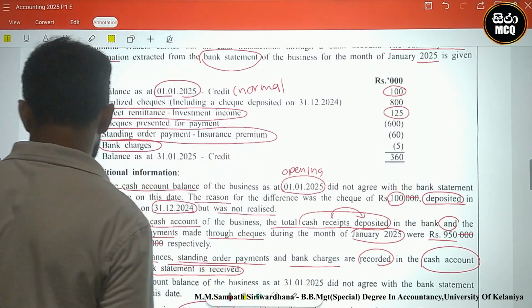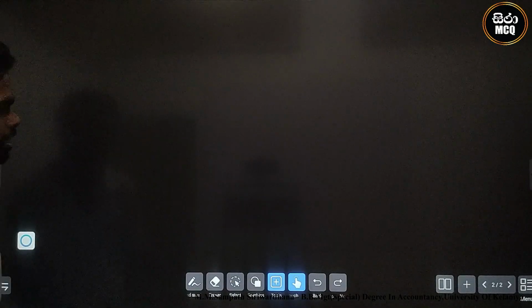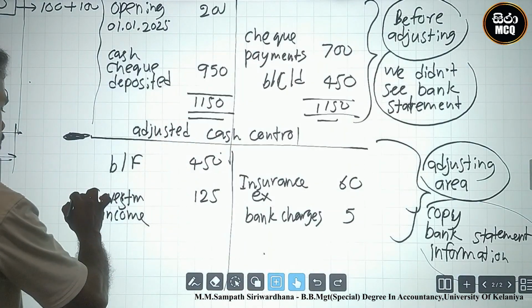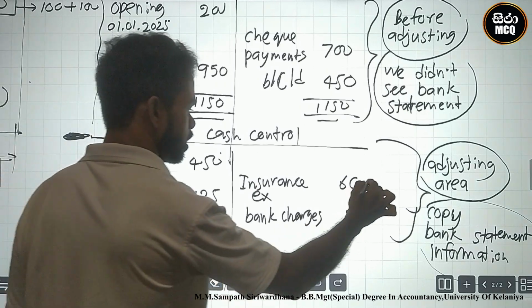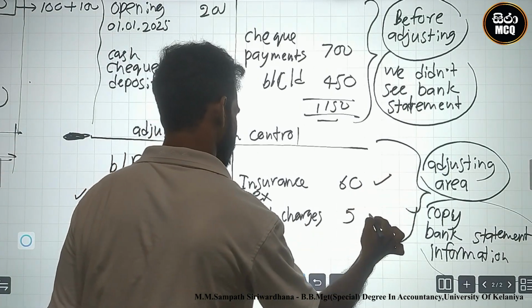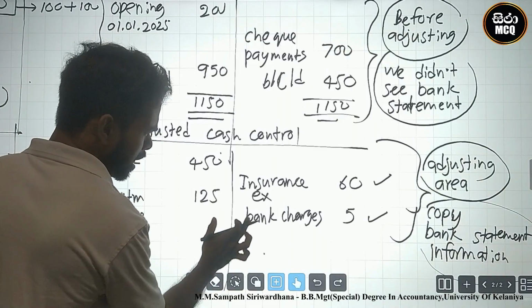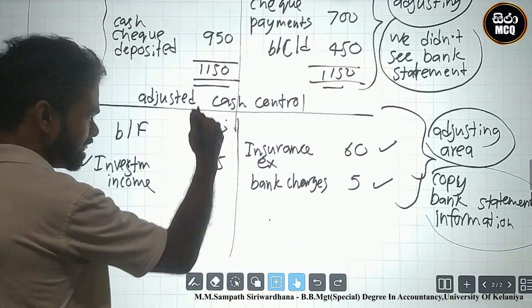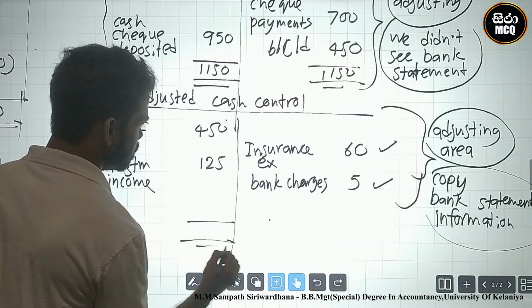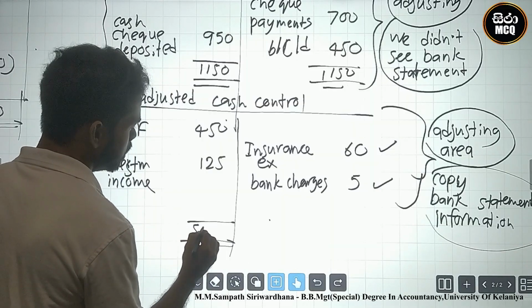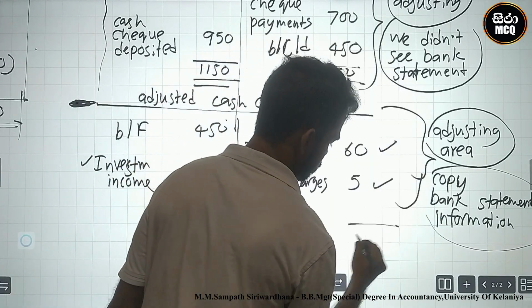This is the adjusting cash control account. This is the one, investment income. The second one is insurance expense. Third one is bank charges. Okay, we can balance it again. This is the adjusted cash control account. Balance it. 575.